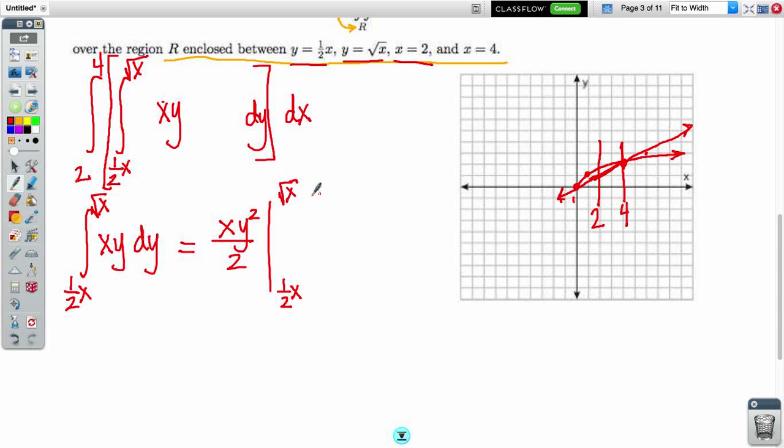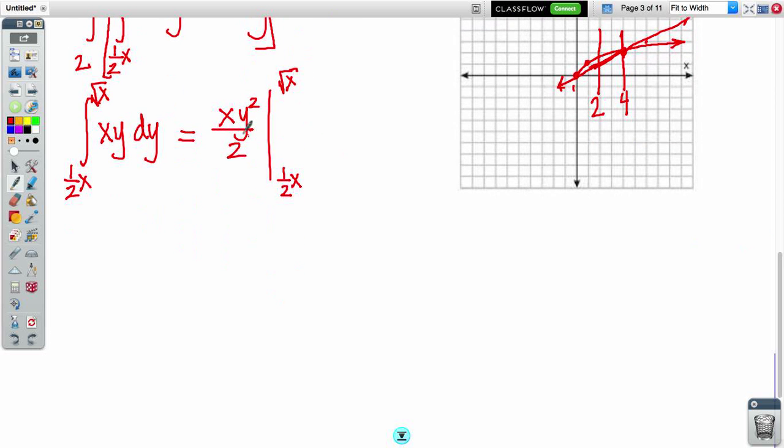So we're still going to end up with some variable expression in the inside integral, and then when we do our numerical limits on the second integral, we're going to get a numerical answer. That's why it's important to do the numerical limits second, because that's what gives us a nice answer in the end.